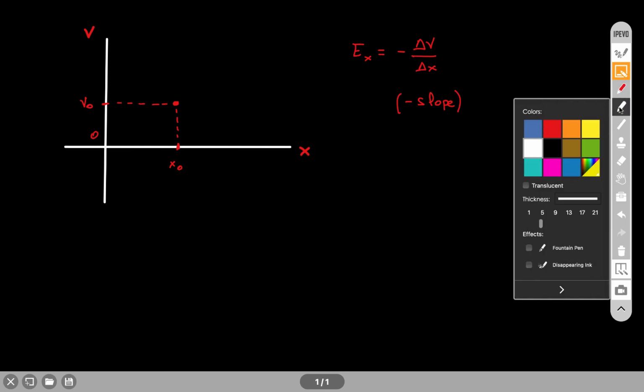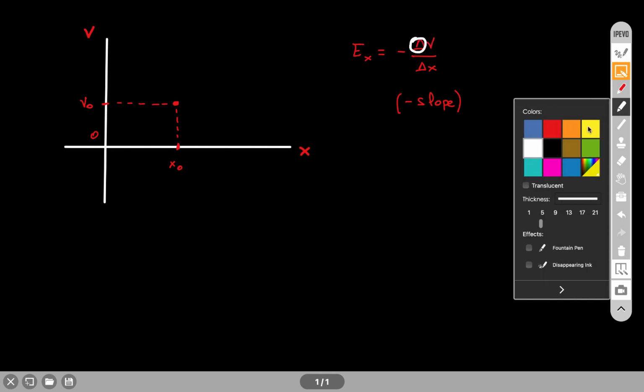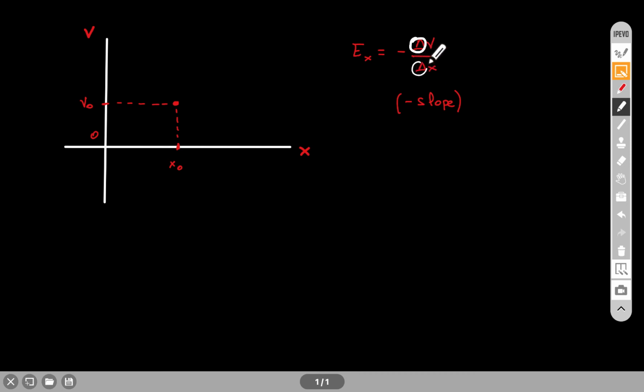So the fact that here you have the delta and here you have the delta, both of these refer to the change, and the denominator corresponds to a change in x, a change in position.